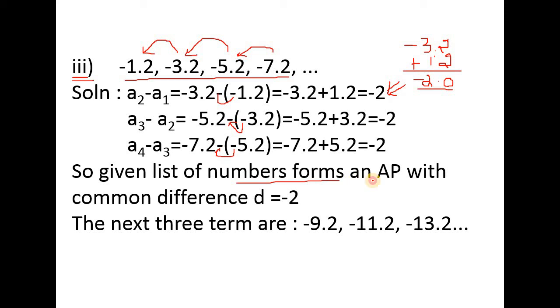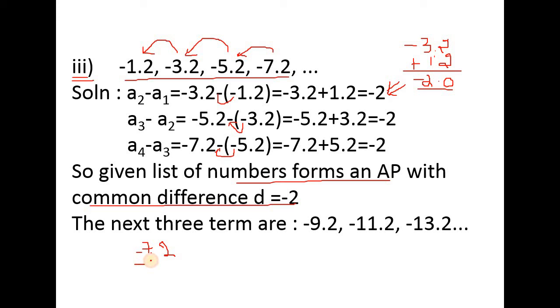So the given list of numbers forms an AP, and the common difference of these numbers is d equal to minus 1. So similarly you add the common difference to the succeeding terms. Already minus 7 by 2 is there as the fourth term. For this minus 7 by 2, you add the common difference.